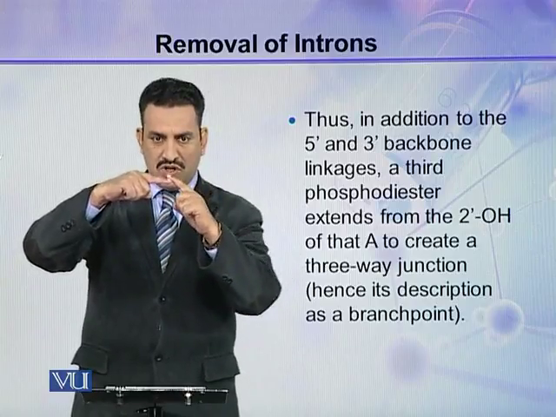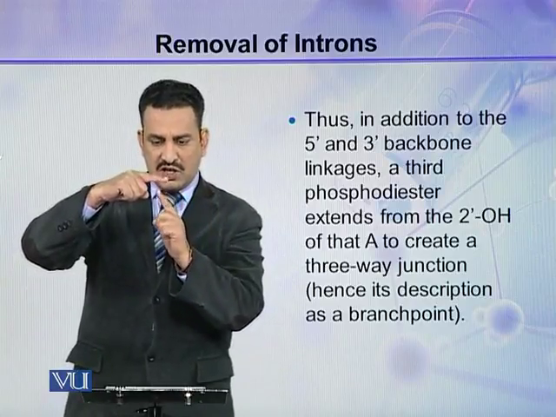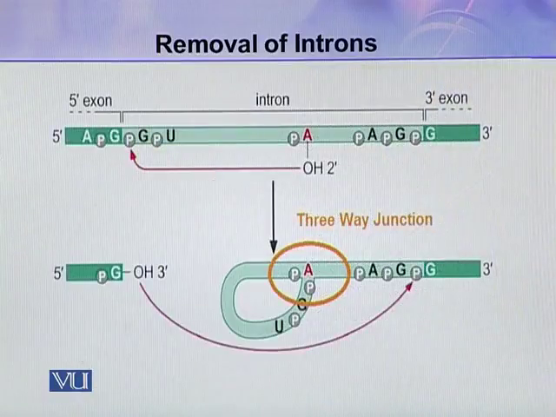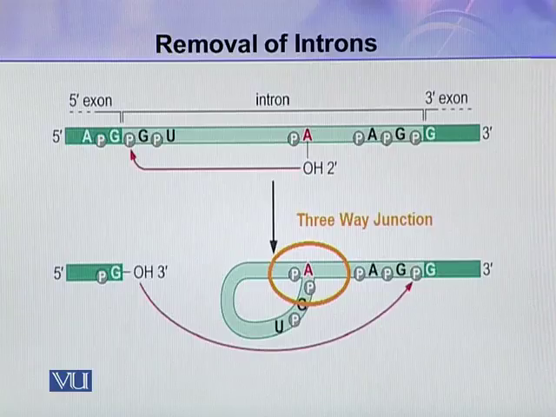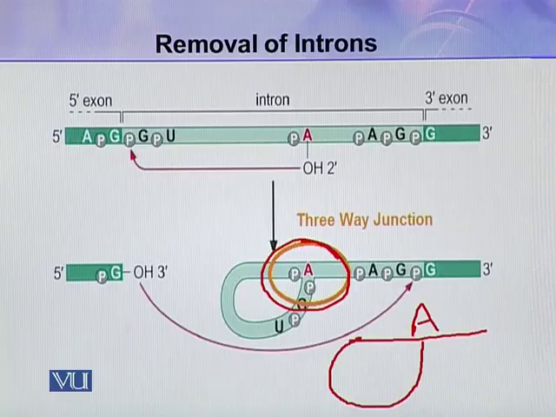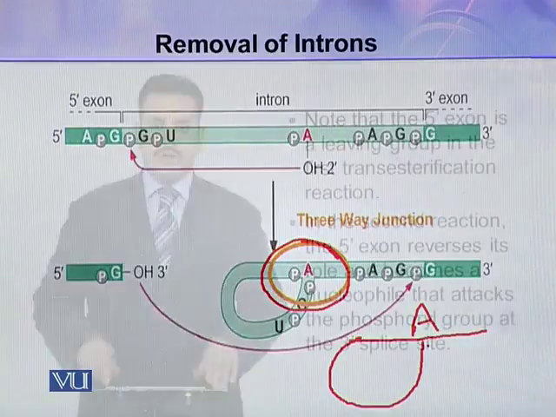When this intron curves inside, it forms a branch with this A. So here you can see this is the three-way junction, and in this three-way junction this is A, and this again joins with this A. So this is a three-way junction.